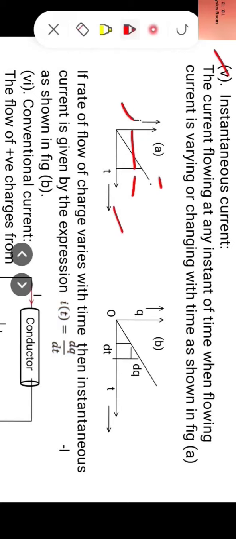So this current is called instantaneous current. Now if the rate of flow of charge varies with time, then instantaneous current is given by the expression I(t) is equal to dq by dt, as shown in figure B. Let us mark this as equation 1.